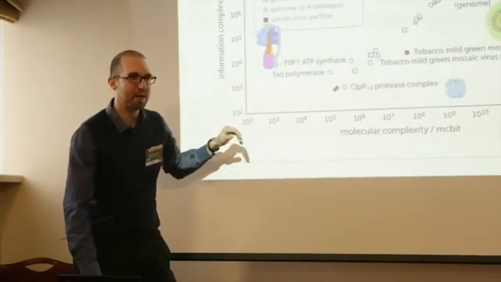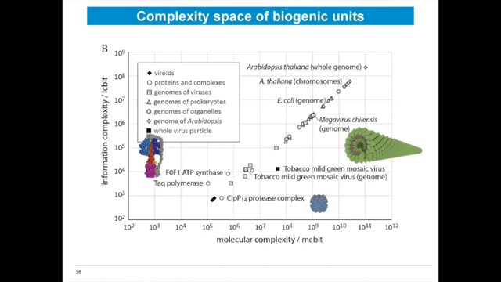We can also go to the larger units and look at whole proteins. But you can also calculate a whole virus particle, which is very well defined in the case of the tobacco mosaic virus. So you can calculate the complexity for all proteins, for the DNA, for everything that's contained in the virus, add that together, and you'll end up here at this value.